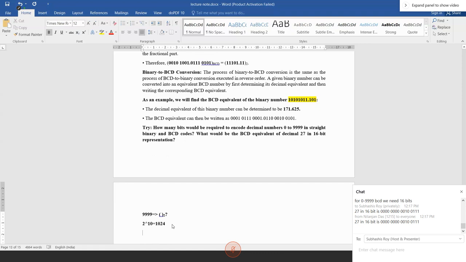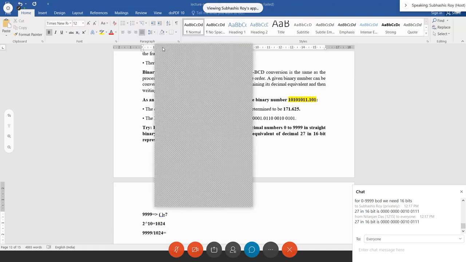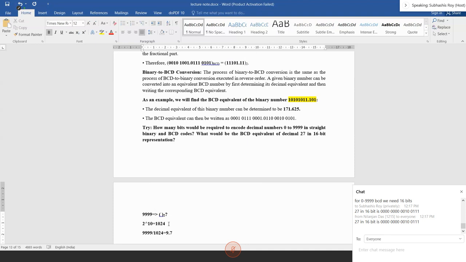It is 9.7. So 9.7 means we need to multiply that many times. So 10 digits are there, and you need to multiply it 9 times: 2 to the power 0, 2 to the power 1, 2 to the power 2, 2 to the power 3, which means 8.